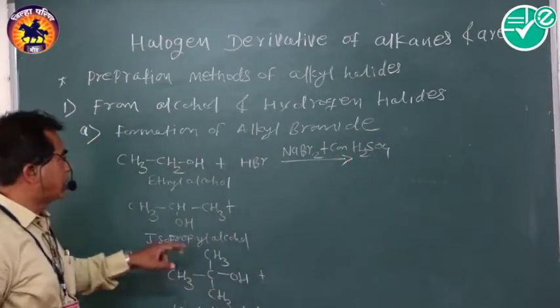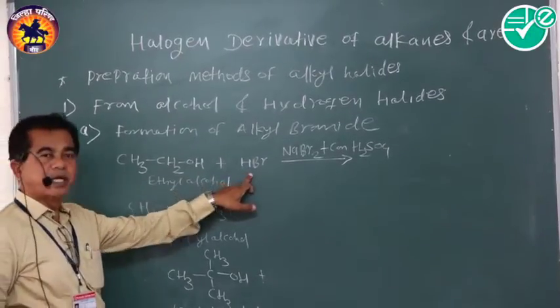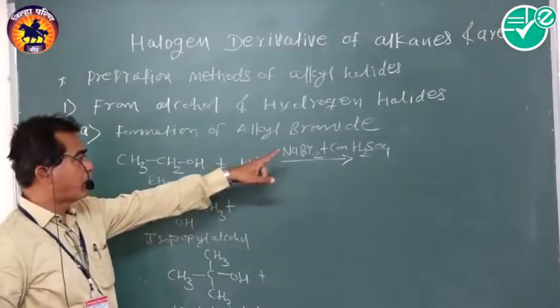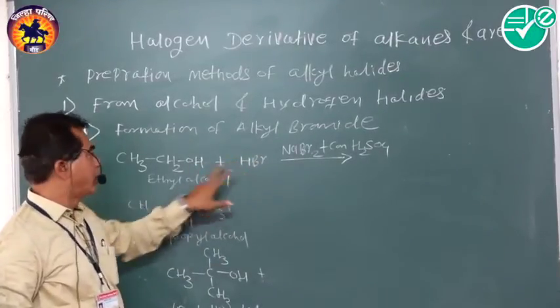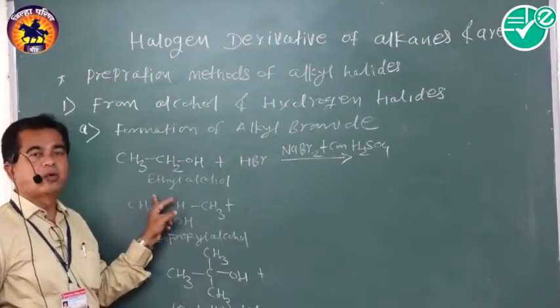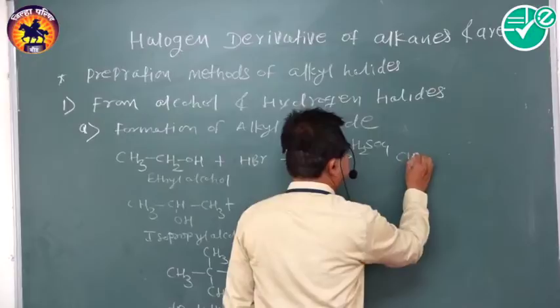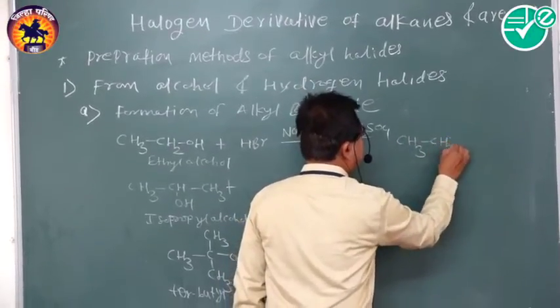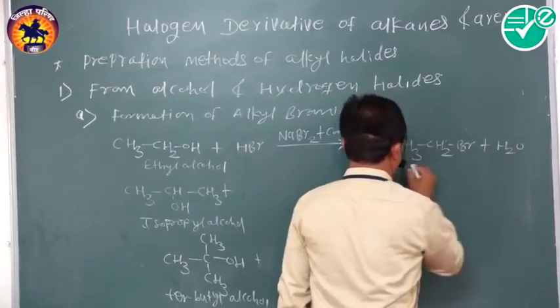This reaction converts ethyl alcohol into ethyl bromide plus a water molecule.